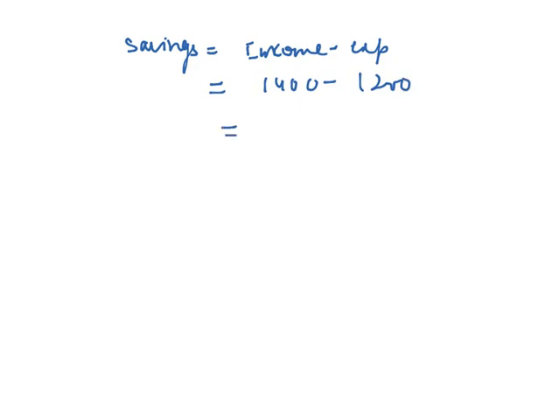Savings will be income minus expenditure. Income is 1400 and expenditure we found is 1200. So the savings for the family will be rupees 200. This is the way we equate two ratios to find an unknown value.